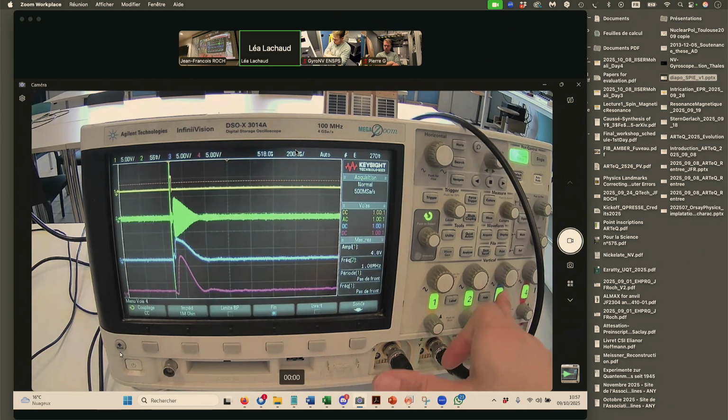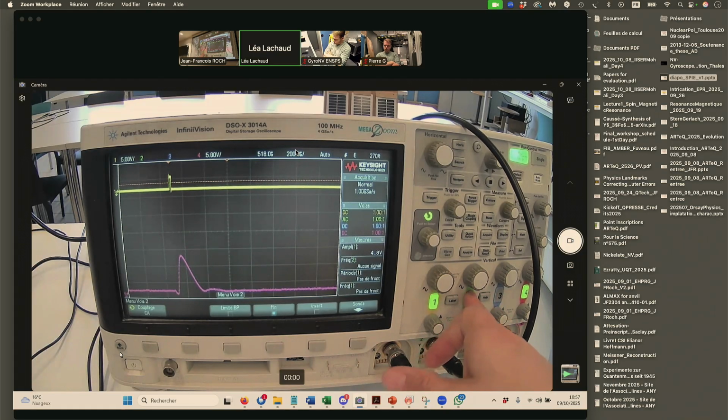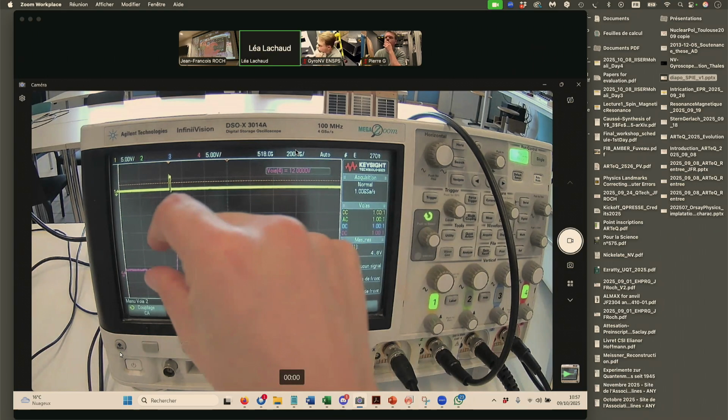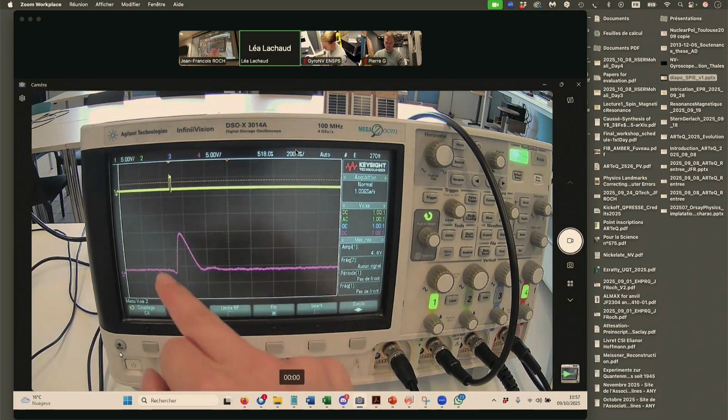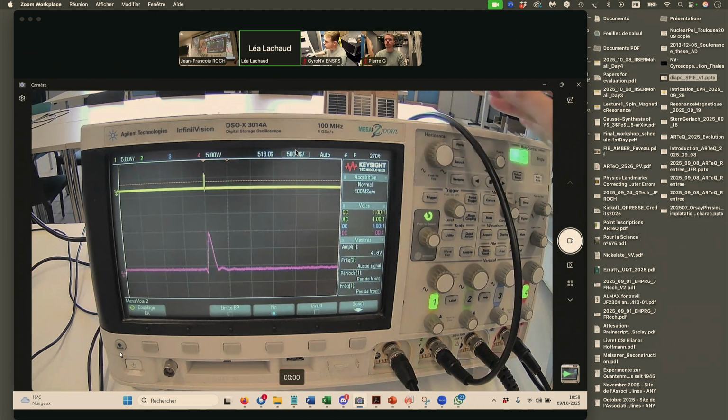So I can banish the green and blue signals, and to know the amplitude and the duration of the spin response, I'm now only going to trust the pink signal, which is only the amplitude of the free induction decay. So it's basically the envelope of the signal that we saw. The envelope, exactly. It's the envelope of the signal.